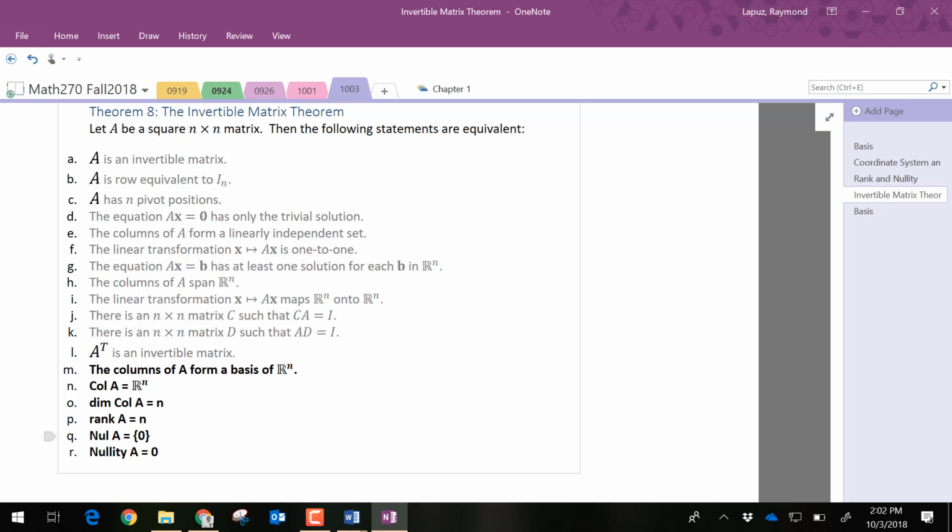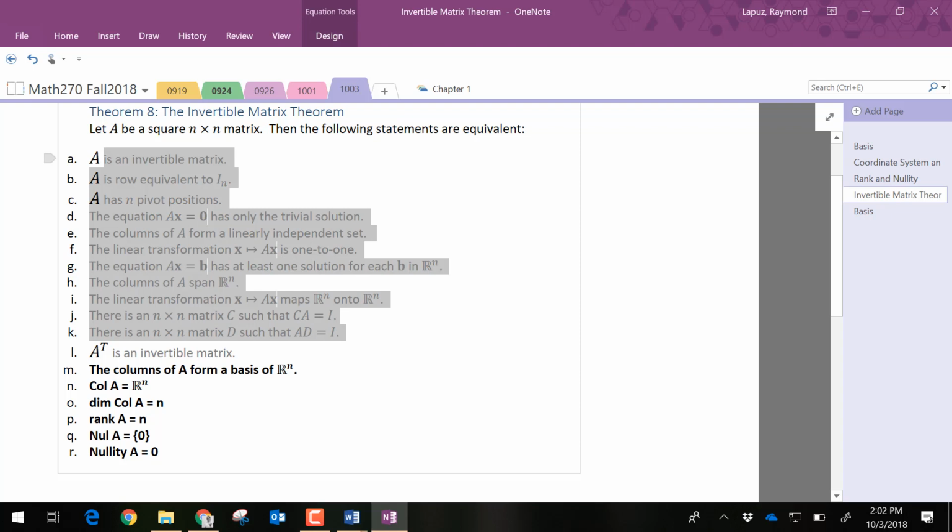Nul means null space, and nullity is nullity. Okay, so all these statements are equivalent to all those past equivalent statements that talk about a matrix being invertible. All right.